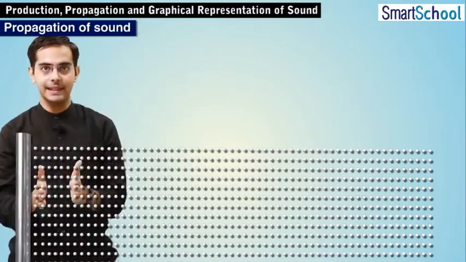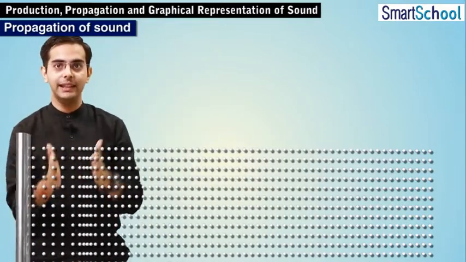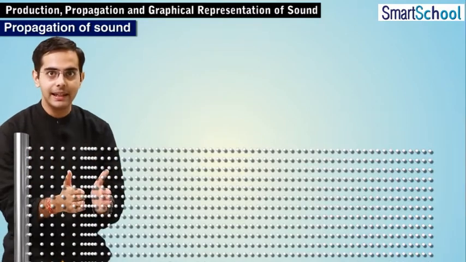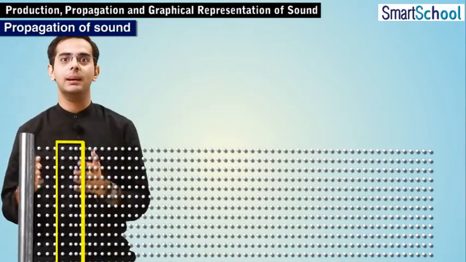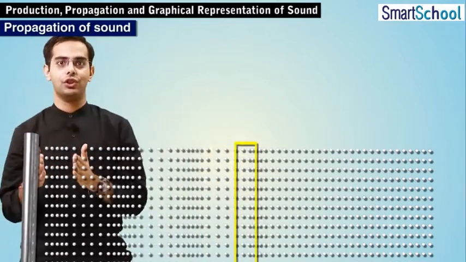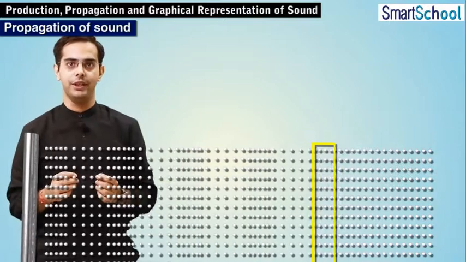Consequently, the air particles present in the high pressure region will hit the neighboring particles, compress the air again, and in this way the compression moves forward, followed by rarefaction away from the vibrating object.